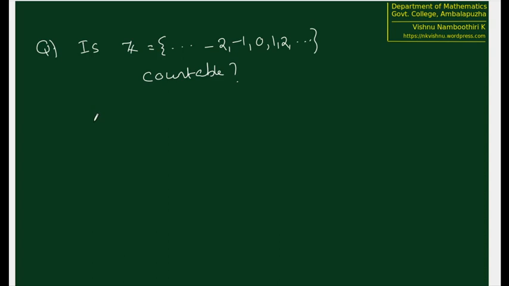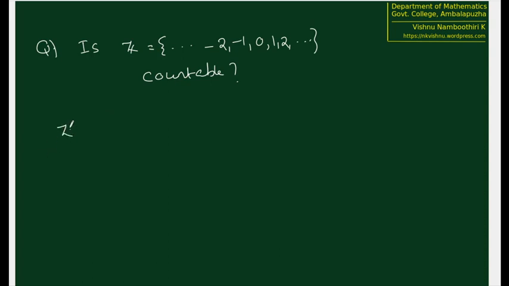Another possibility: whenever we want to list out all the elements of Z exhaustively, one technique most of the times we use is to arrange them in the following fashion: 0, plus or minus 1, plus or minus 2, plus or minus 3, etc. That means we are arranging the elements with the least modulus coming first, the second least modulus coming next, etc.